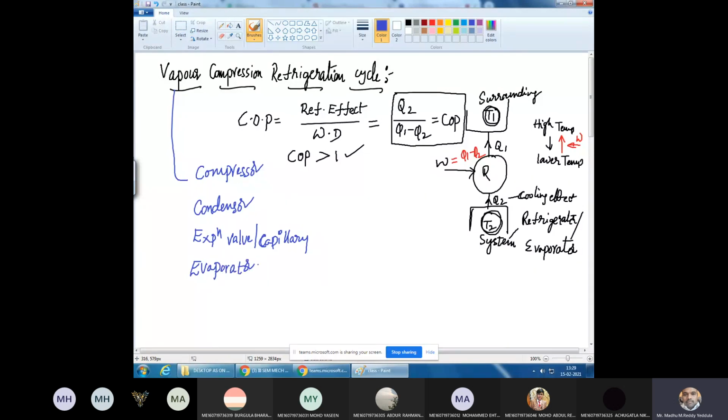The refrigerator is a closed system, closed not in terms of doors. The refrigerant flowing inside the refrigerator is a closed system, meaning a continuous supply of refrigerant inside the system.